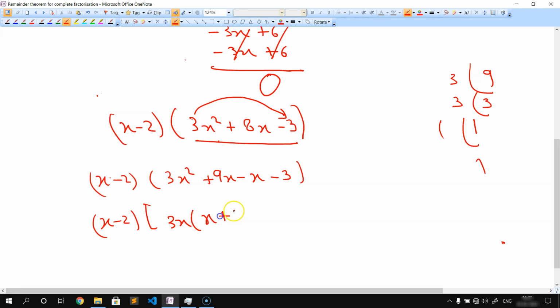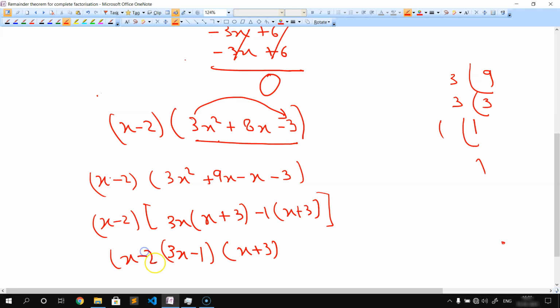Remaining will be x plus 3, and minus 1 from here, x plus 3. So they can be written as 3x minus 1 into x plus 3, and here x minus 2. So this is our solution, completely factorized.